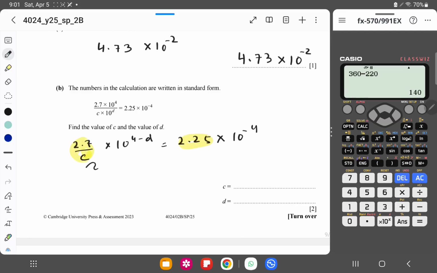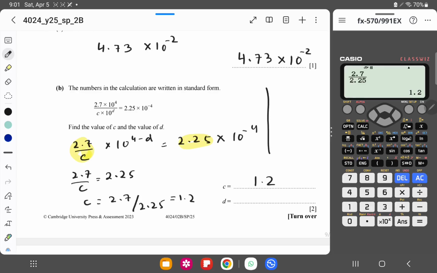So 2.7 upon C is equal to 2.25. So C will be equal to 2.7 upon 2.25, which is 6 over 5 or 1.2. So C is equal to 1.2.